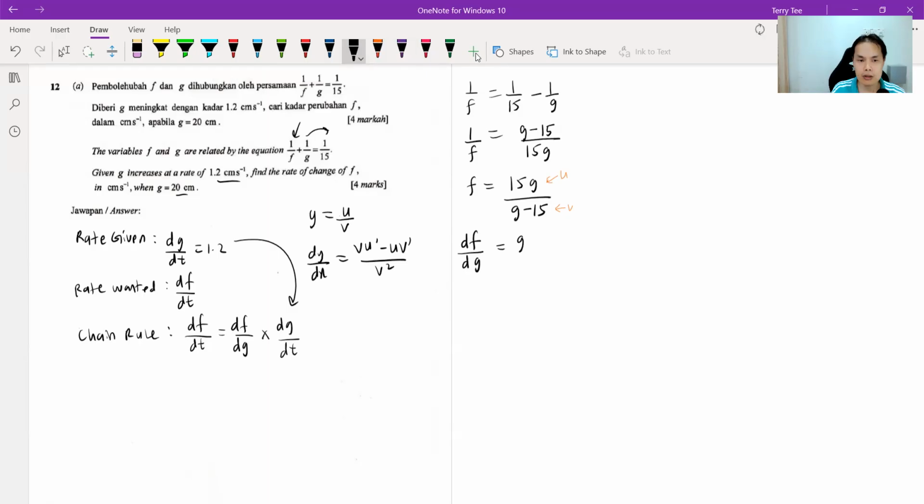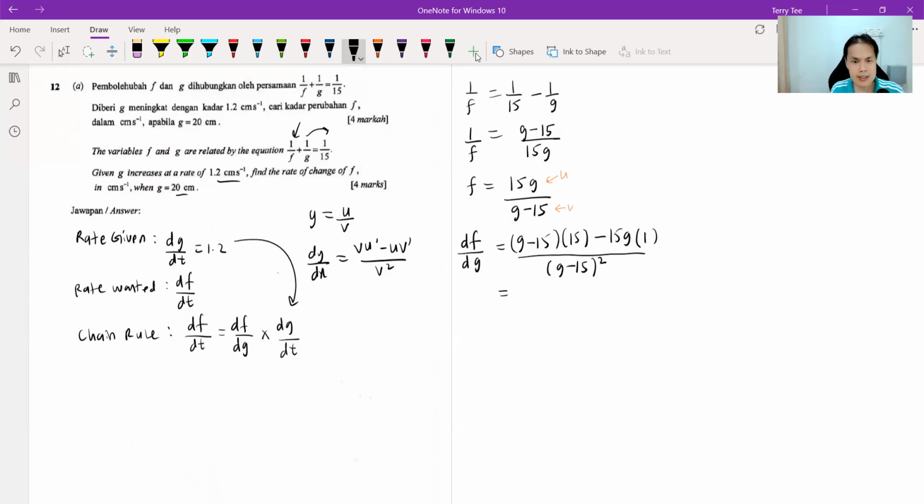So we copy your v, differentiate 15g, your u, which is 15, minus copy your u, 15g, differentiate your v. And remember, differentiate 1g, you get 1. Differentiate 15, you get 0. So this is just 1. Divide by your v squared, (g minus 15) squared.